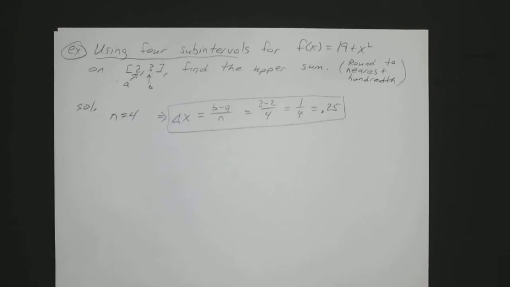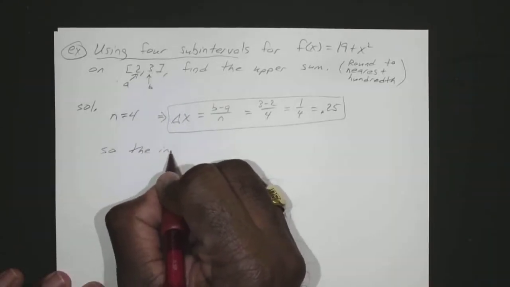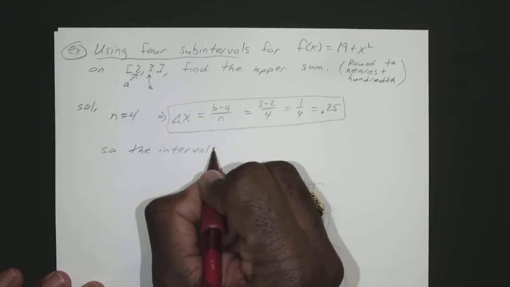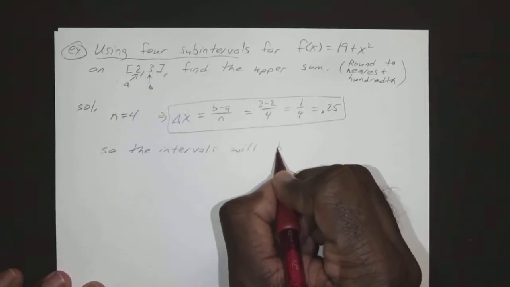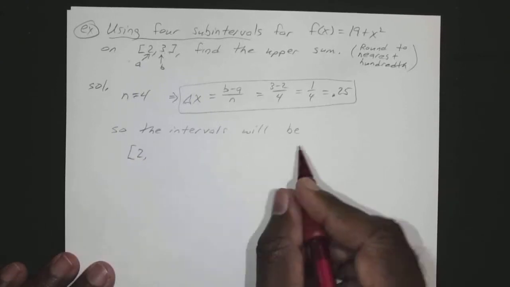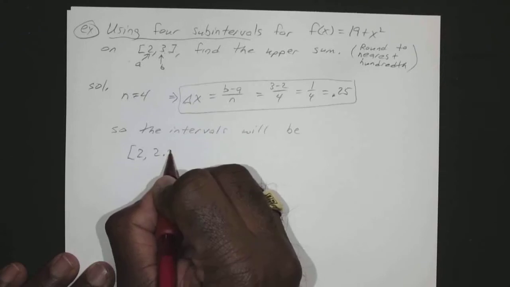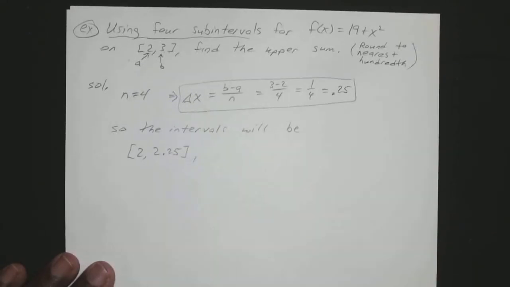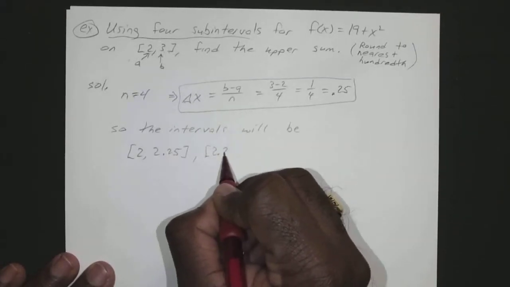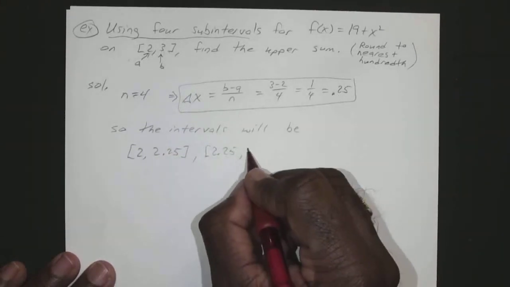Okay, so that's our delta x. That means between 2 and 3 is going to be broken down into 4 smaller intervals. We're still going to start at 2, but we're only going to go up to 2.25. Now we're going to start at 2.25, and go up another 0.25, which would be 2.5.